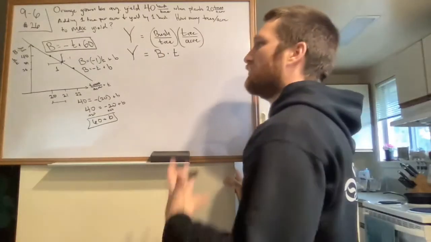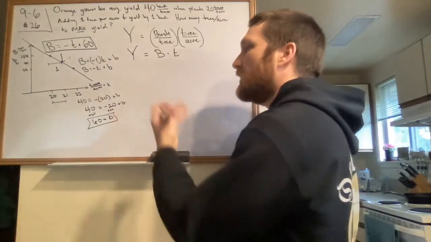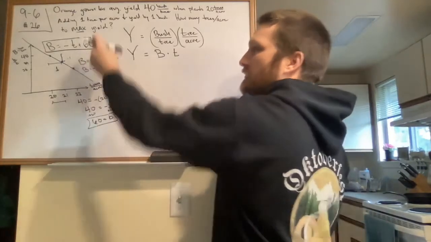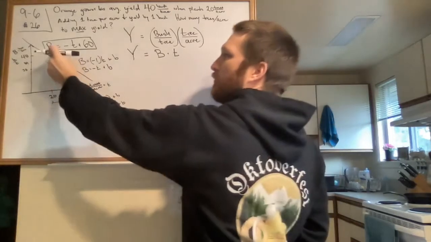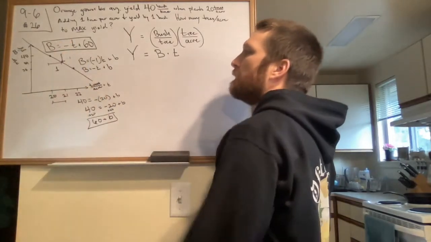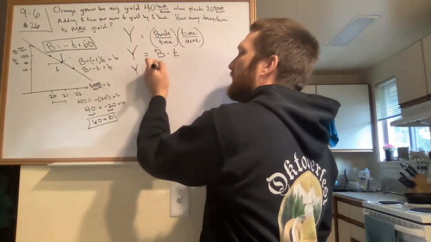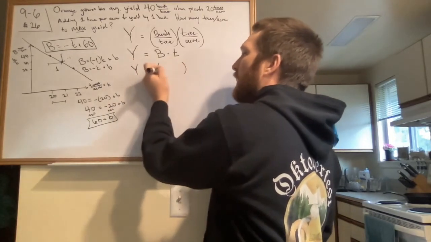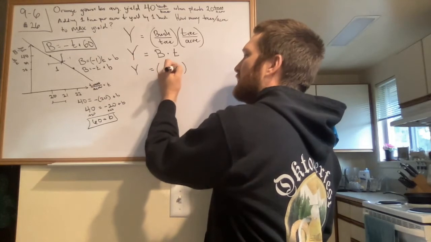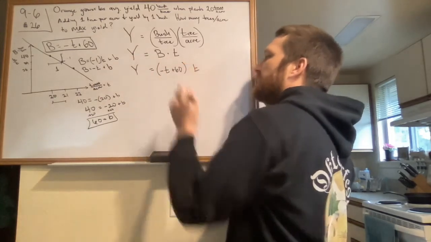The problem is that's a two variable function. We need to drop it down into one variable, and that's what this does. We could get B in terms of t, and so y is equal to B, which is now minus t plus 60, times t.